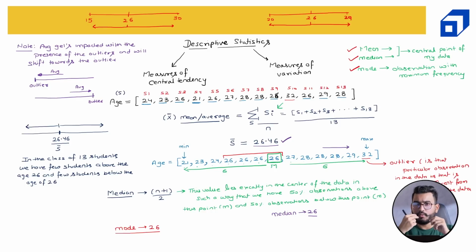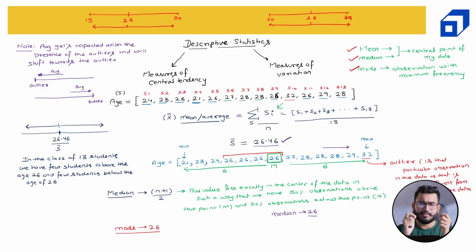So if you have to explain to the principal or to any person how this class looks. We have already seen that this class has a median of 26, which basically means 50% of students fall below the age of 26 and 50% fall above the age of 26.